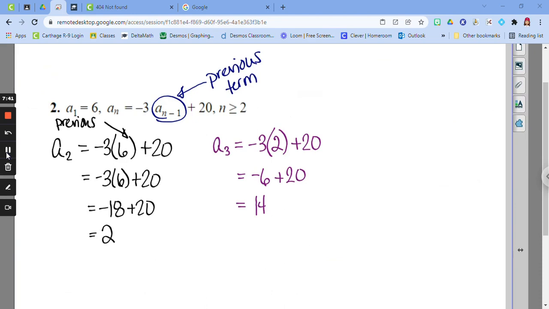So the next term: I want the fourth. Negative 3 times my previous term, which is 14, plus 20.